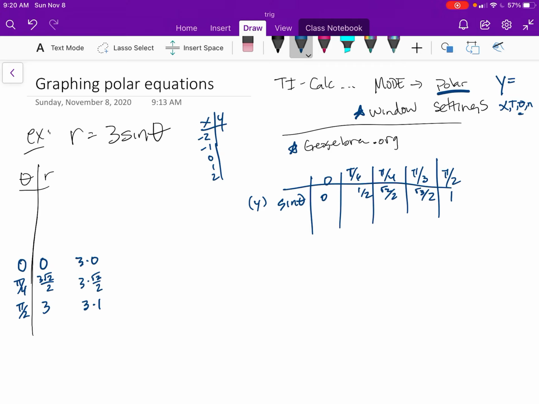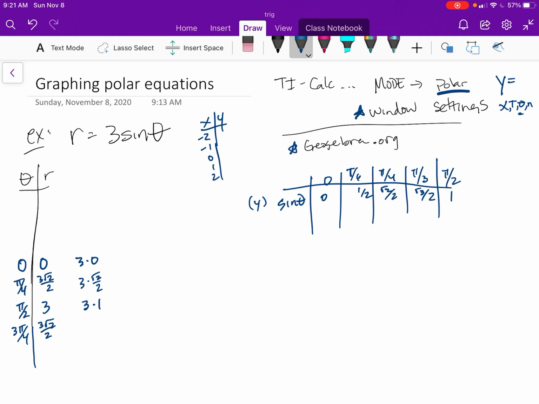Now as I move forward, sine only ranges from 0 to 1 in the first quadrant, so they're going to go lower. Let's look at the angle 135 degrees, so 3 pi over 4. And I'm going to get 3 root 2 over 2 again.